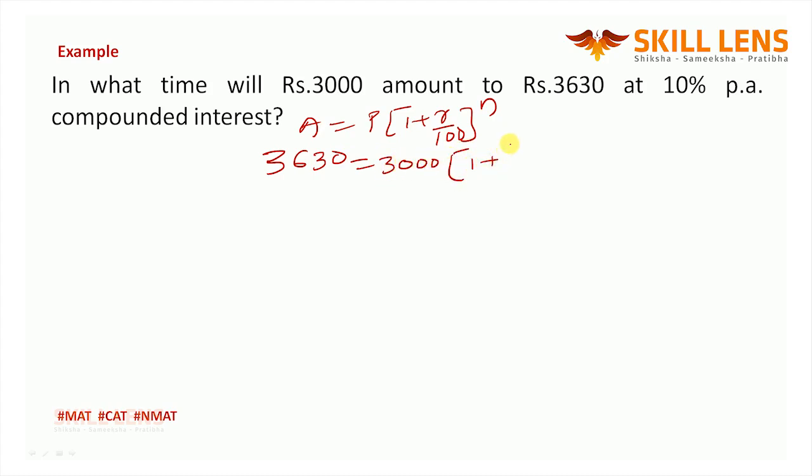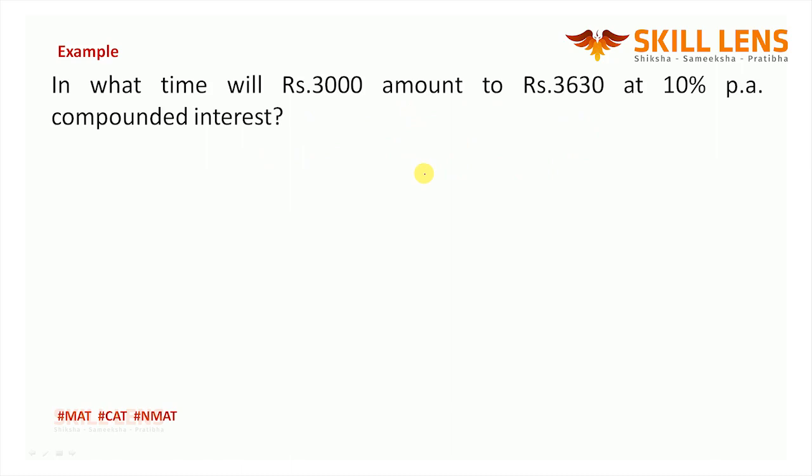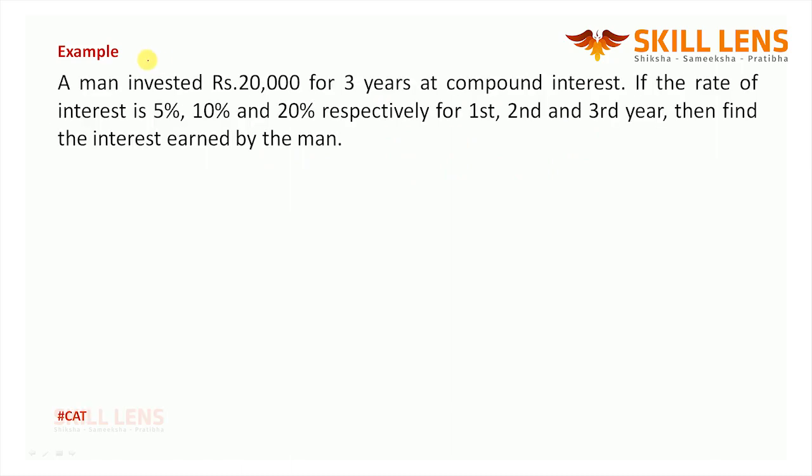Okay, 1 plus R by 100, you have to calculate this N. Just rearrange the equation, you will get your answer. But again, it's a rigorous process. The previous method is very easy to understand your question. Hope everybody understood this.